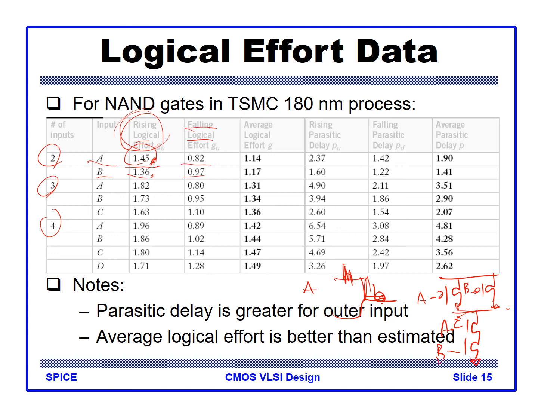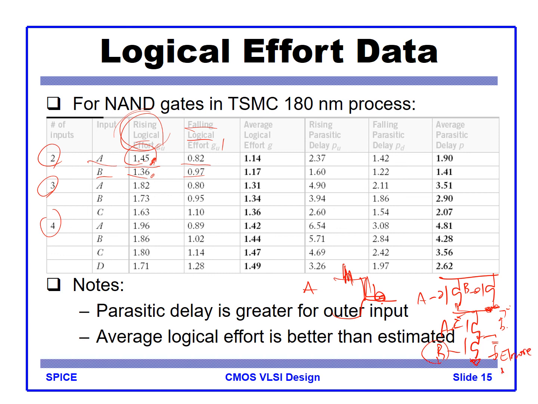But for the falling logical effort calculation, A is faster, because A just needs to pull down the output capacitance, but for B you need to pull down the internal parasitic capacitance as well, according to the Elmore delay.